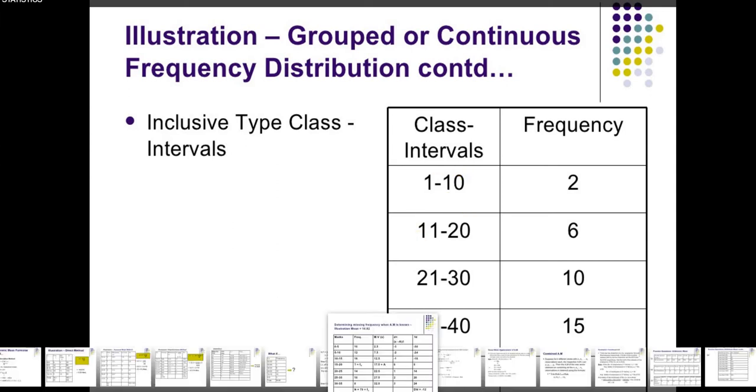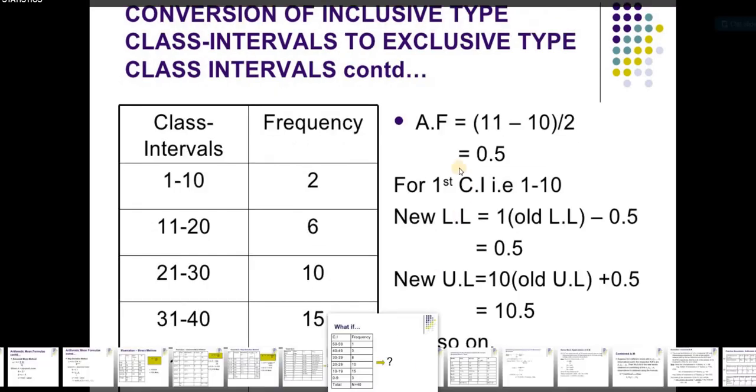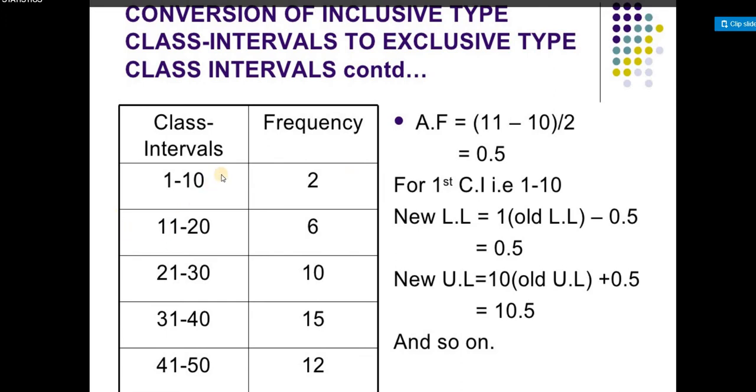Then we can write it as lower limit of next class interval minus upper limit of previous class interval divided by 2. You can see 11 minus 10 divided by 2. Then what will be the answer? 0.5.